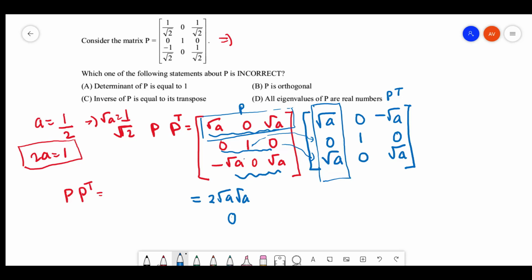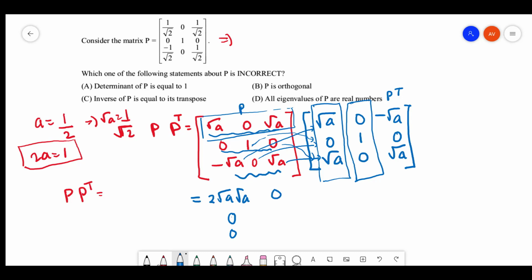Again, minus root a into root a plus 0 into 0 plus root a into root a is going to be 0 because we have a minus here. Like this, we go to the next column and multiply all the rows with that column.